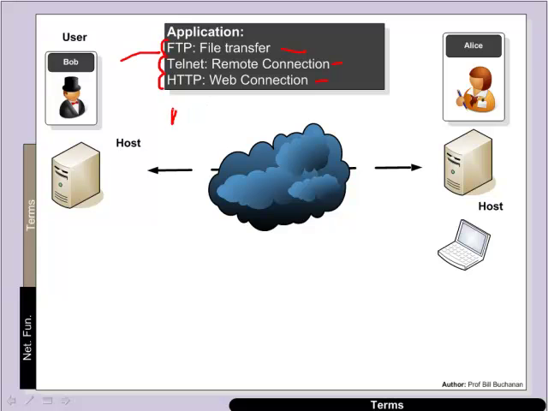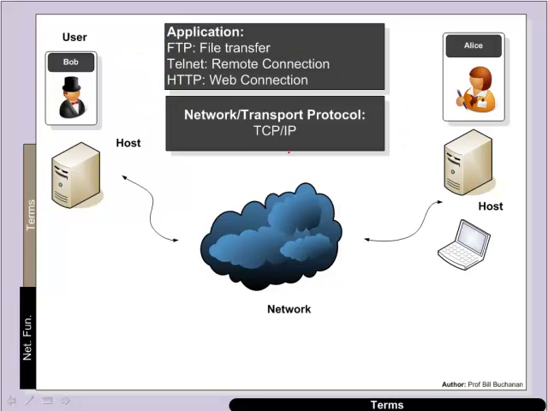So how do we get this information from one machine to the next over our network connection? Well, we need some standard way for the hosts to communicate. This might be a Windows machine, this might be an Apple Mac, and this might even be a mobile phone.